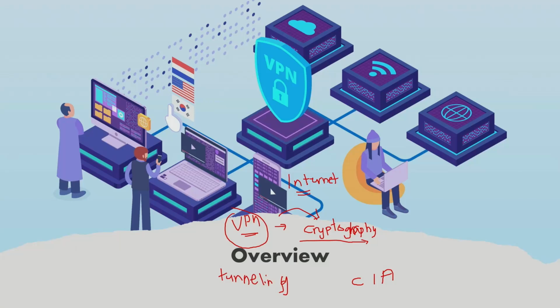Now, a VPN can be defined in more detail as follows. V means virtual. So these are virtual networks, which are logical networks that are not bound by any physical architecture. Next is private.